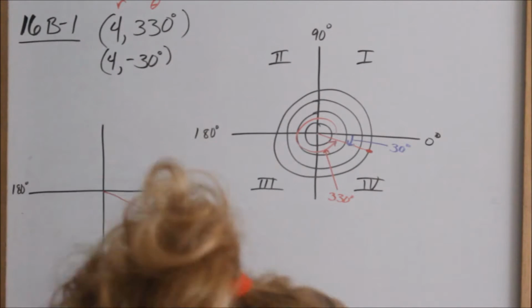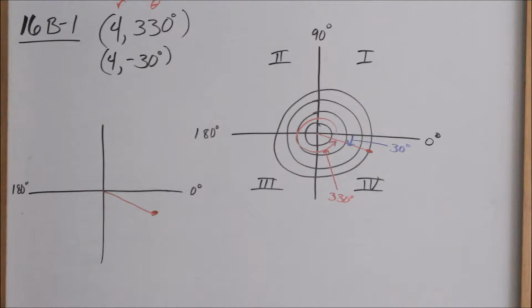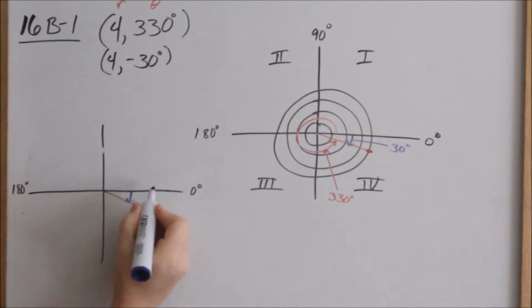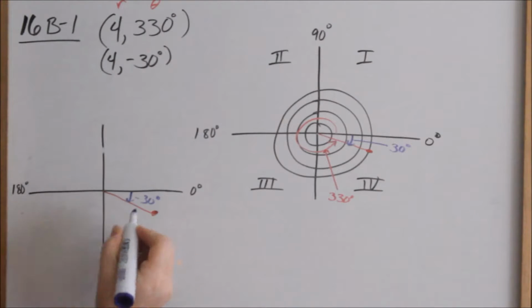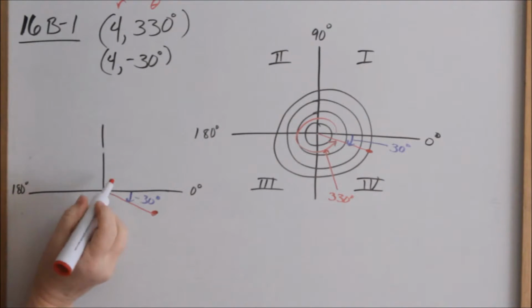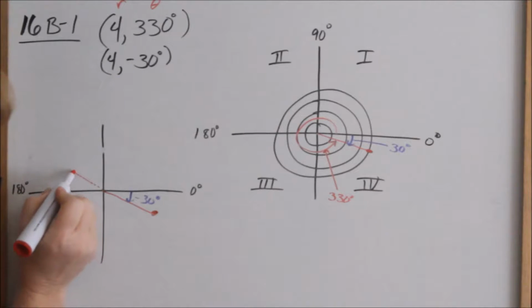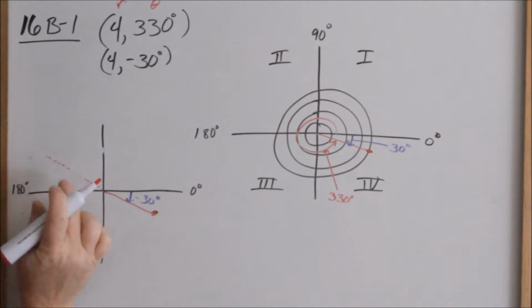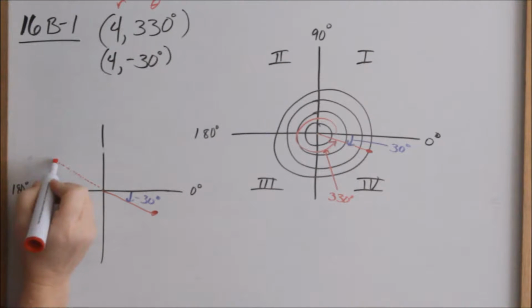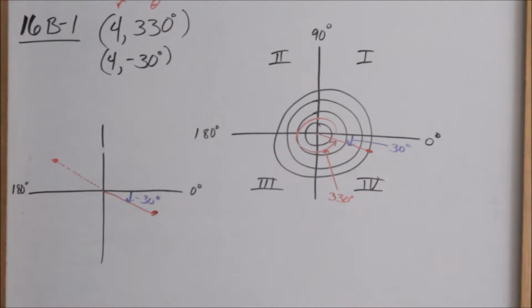And so from 0 going in the counterclockwise, we run around 330 degrees, which also means that here, that would be a negative 30 degrees. We can also shoot this straight back, and I'm making this with a dashed line. We're going to shoot that straight back in that direction, okay?